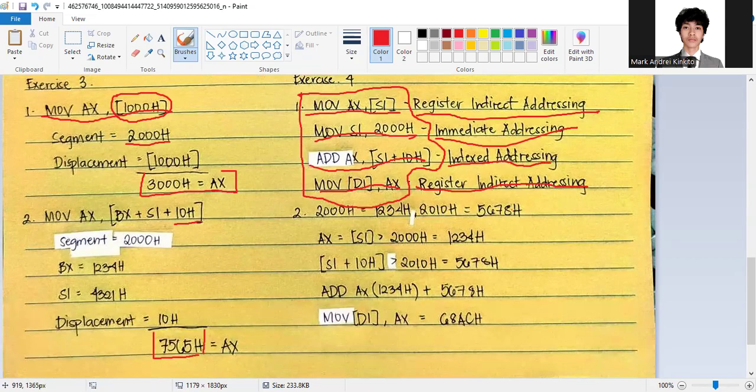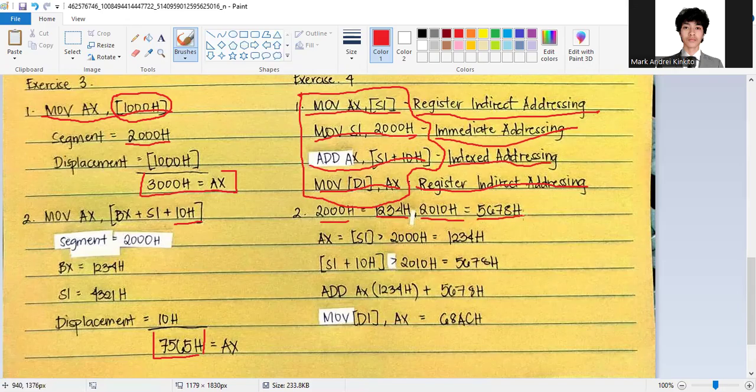So for 2, there's a condition. If the memory location 2000H is 1234H, so if you have an address of 2000H, it will always store a value of 1234H. And if you have a value of 2010H, it will store 5678H.